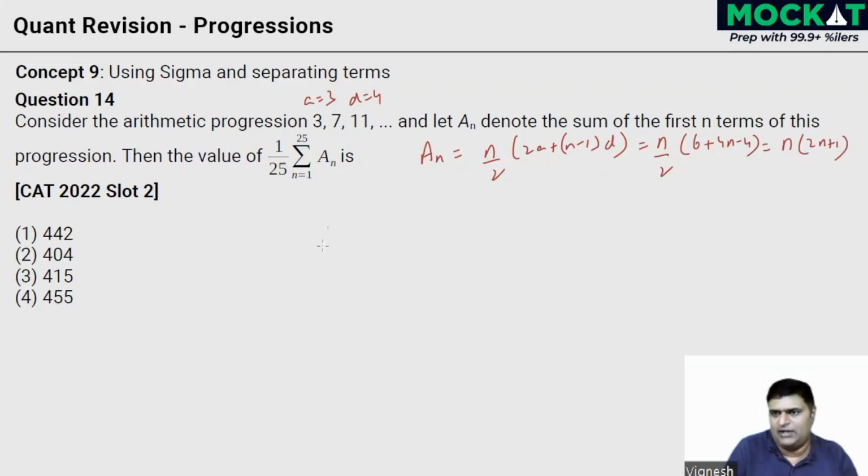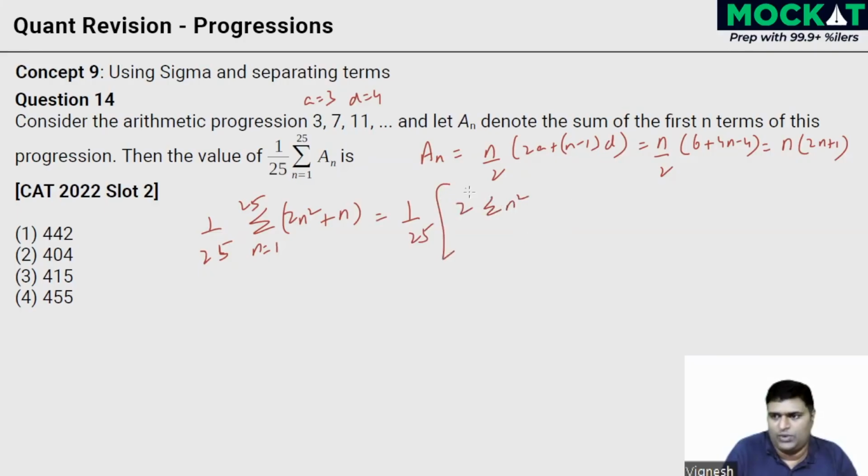So what I need to effectively find over here is 1 by 25 into sigma n equals 1 to 25, n into 2n plus 1, which is nothing but 2n square plus n. I can individually take these. I'll keep the 1 by 25, and I will write it as 2 times sigma n square, 1 to 25, I should remember, plus sigma n, right? That's the idea.